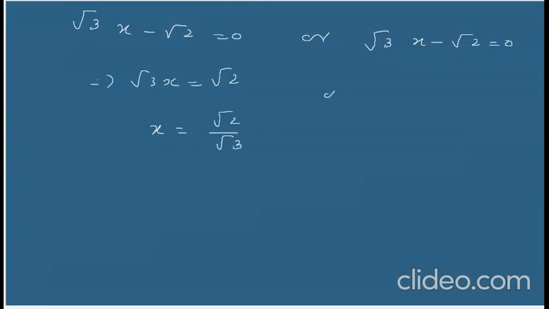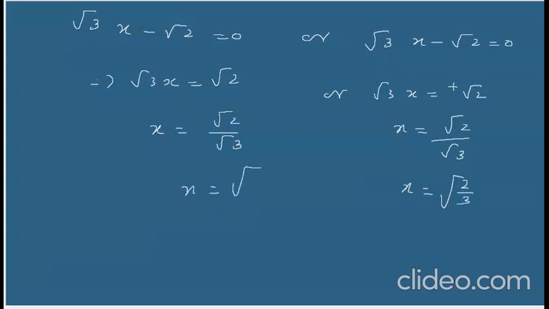Here also root 3x is equal to root 2 or x is equal to root 2 divided by root 3, or you can write x is equal to root of 2 by 3. Here also x is equal to root of 2 by 3. Hence the roots are root of 2 by 3, root of 2 by 3.